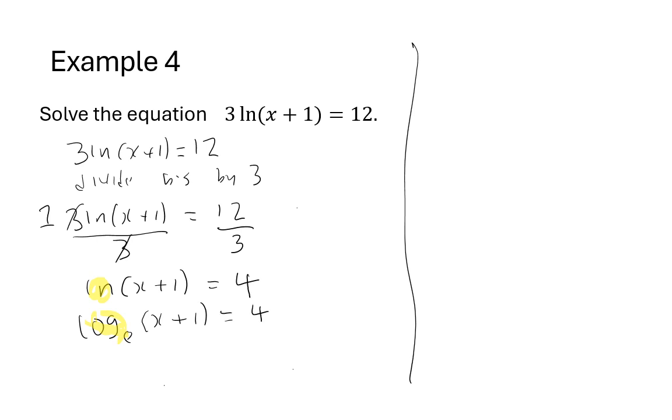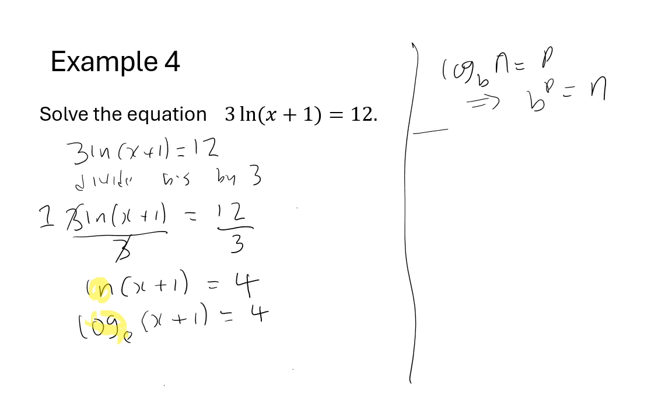And remember, if you have log of any base b of some number n equal to p, this implies b raised to the power of p is equal to n.